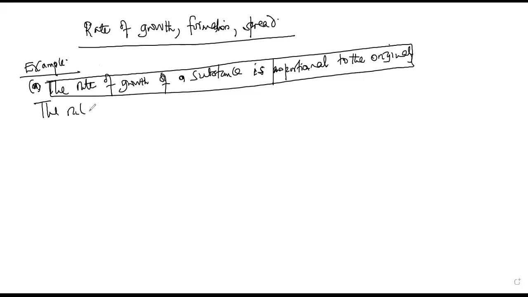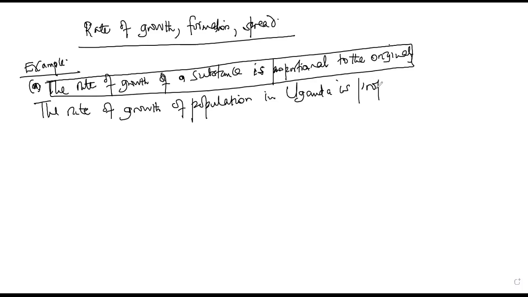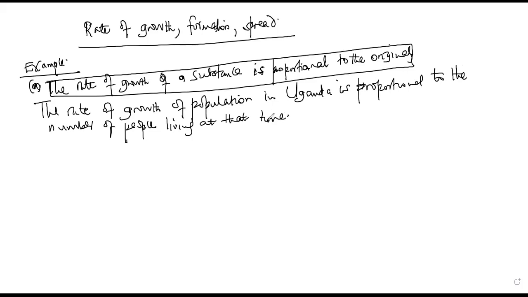The rate of growth of population in Uganda is proportional to the number of people living at that time.